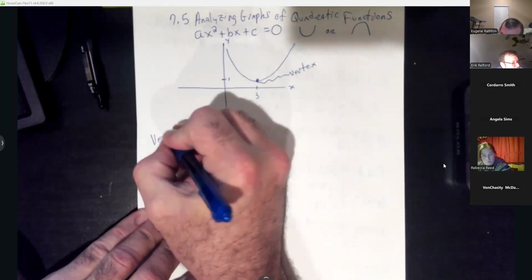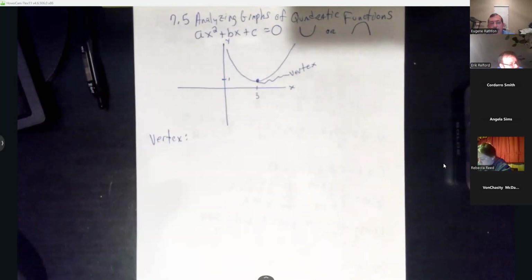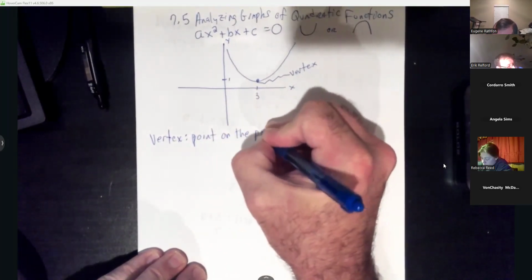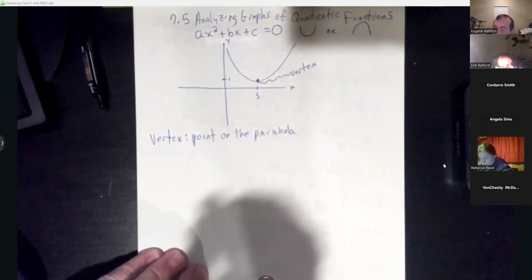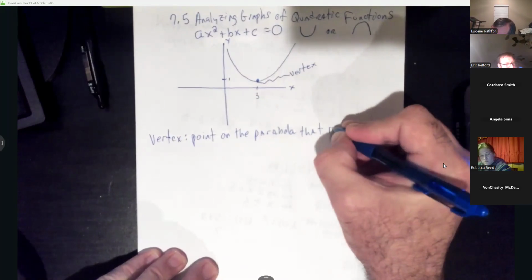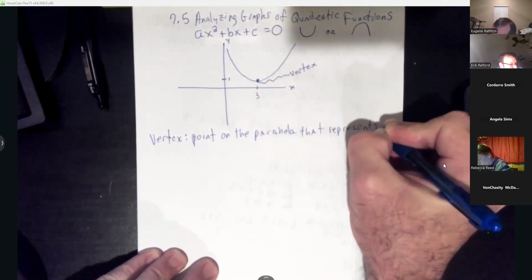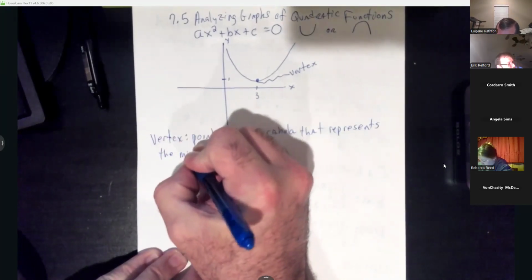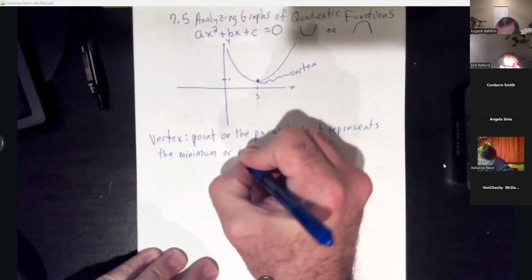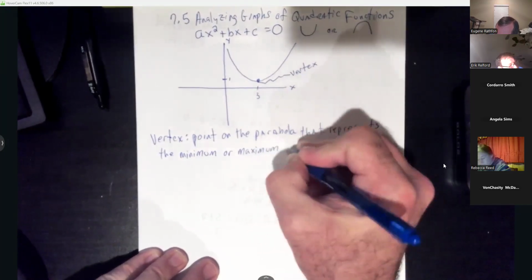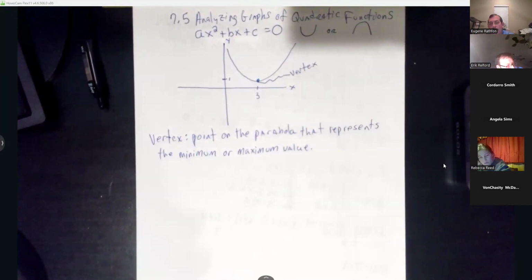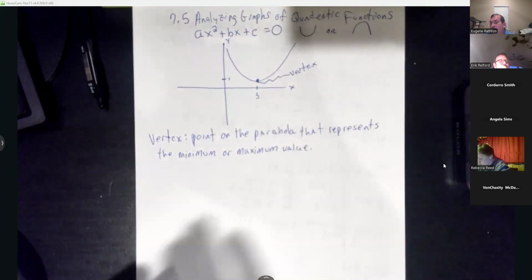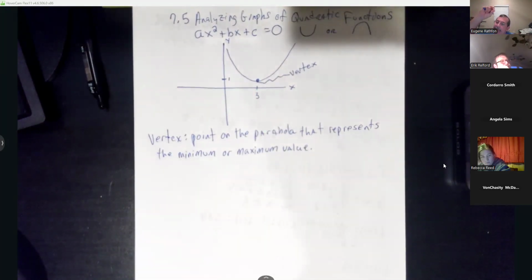Okay, so the vertex is the point on the parabola that represents the minimum or maximum value. Okay, so the one we got drawn is a minimum value. If it was flipped over, then it would be a maximum value, okay?